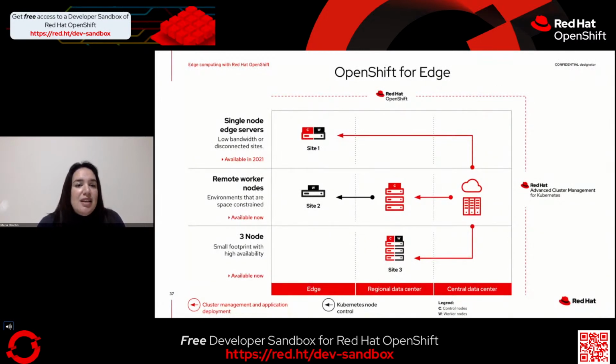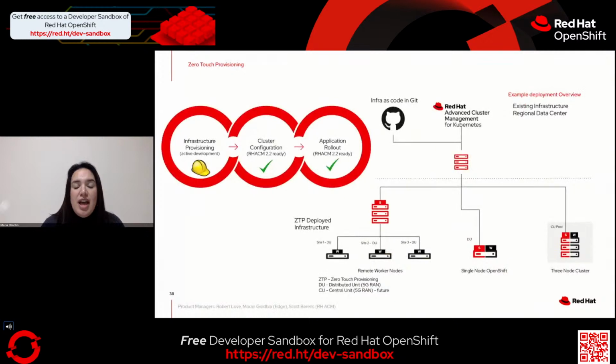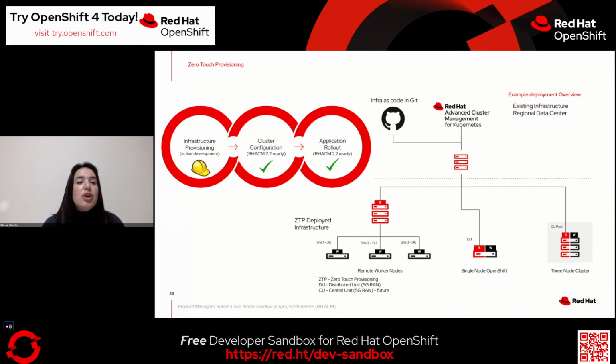Then let's talk about zero-touch provisioning. This is highly desirable in edge computing. It is used to achieve large-scale edge site deployments that are planned centrally. It requires minimal on-site physical tasks. For example, imagine having an on-site tech scanning a QR code on a machine to trigger the full installation.